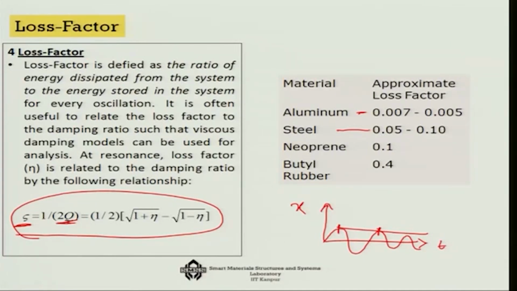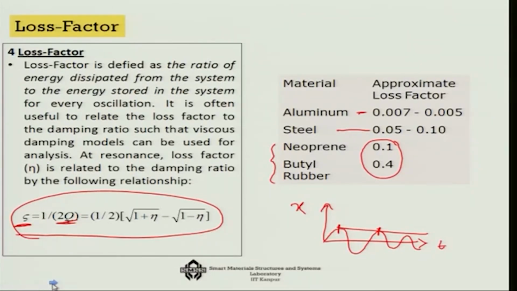And rubbers, which are generally used as damping materials, have a loss factor that is an order of magnitude higher. That is why we use rubber or neoprene as damping material, unlike the metals. Generally polymers have much larger energy dissipation, and hence eta is much larger for polymers.